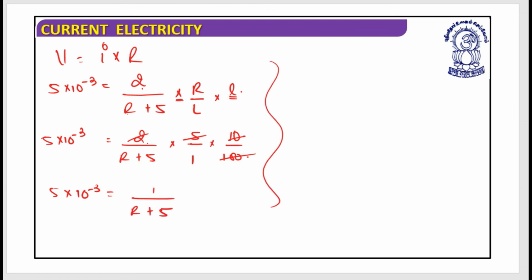Just solve for the value of R. This would be your answer. I hope these things are clear. Great. Now let's move to the next and final question of this session.